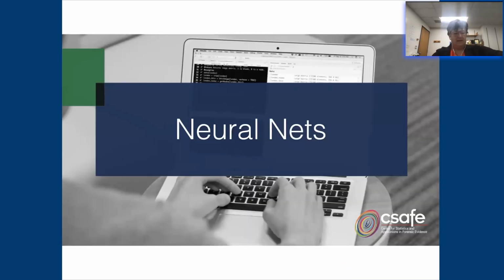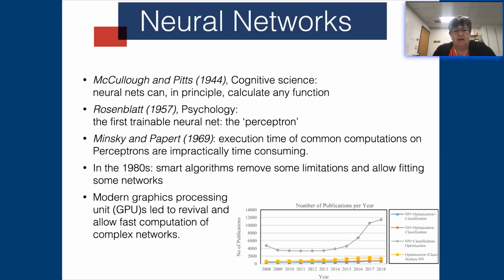Okay, so let's switch to neural networks. So neural networks are actually really, really old. So in 1944, neural networks were suggested by McCullough and Pitts, two cognitive scientists who were looking at trying to explain how the brain works.